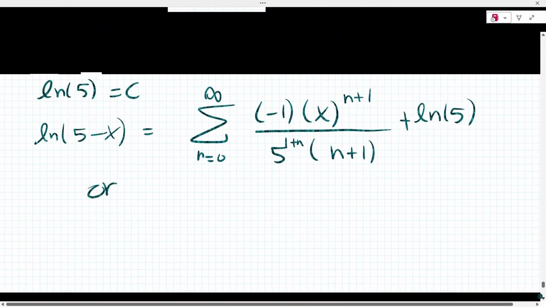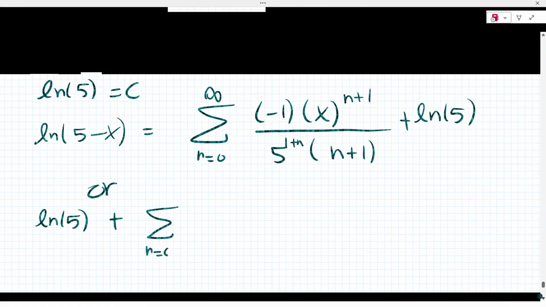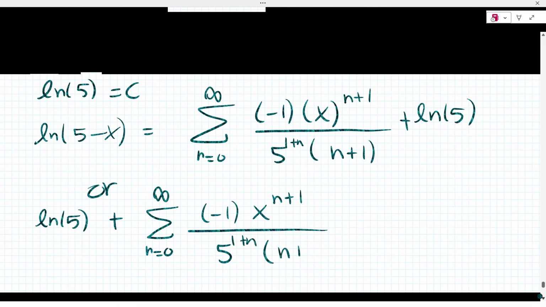Or you can also say ln 5 plus the summation of n equals 0 to infinity of -1 to the n plus 1 over 5 to the 1 plus n times n plus 1.